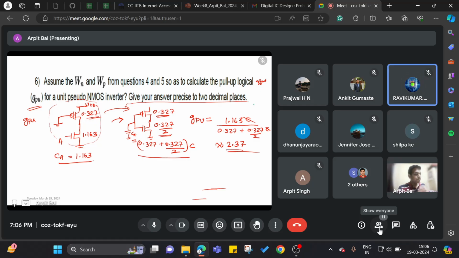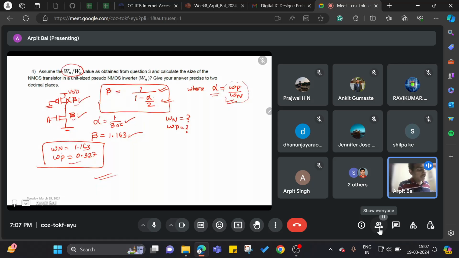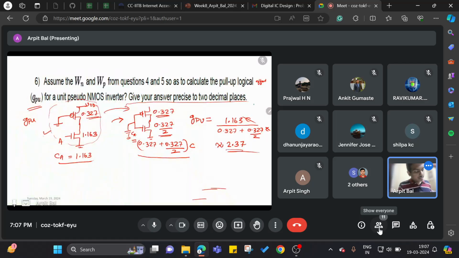Yes, sir. Okay, so we already figured out, by question number 4, what is going to be the dimension for WN and WP. So what we do is we just draw the DUT here, and whenever we are considering the capacitance for our input, the first thing that we need to do is we need to drop the PMOS, in particular in the pseudo-NMOS inverter case, because there is no input connected to the PMOS.